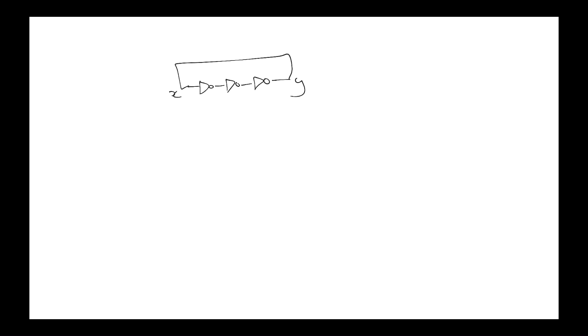And clearly, it doesn't, because if you put 0 in here, you've got 1, you've got 0, you've got 1, and 1 and 0 can't coexist, as logic. It doesn't make sense. Likewise, if you try 1 on this side, 0, 1, 0, and you get the same contradiction. So no fixed point exists for this particular circuit. It's an astable circuit, and it leads to metastability and those sorts of problems.